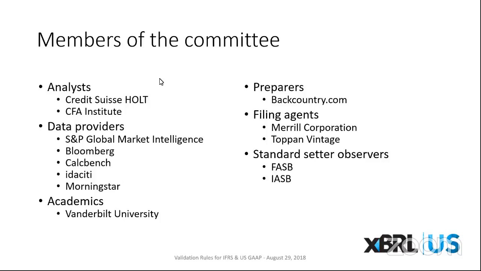They're an investment research company, and Joe Guo is the person from Morningstar that has joined us, and we're very glad for that. We also have academic, preparers, and filing agents, as you can see. And lastly on the slide, we have 2 observers of the committee. They aren't official members, but they are observers, the FASB and the IASB, which are very valuable in providing input. We're glad to have them.